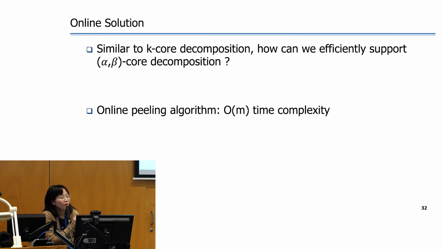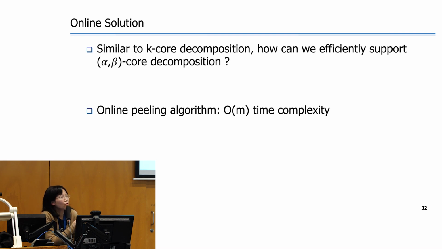We can require that the upper layer should have a degree of at least alpha, and the lower layer should have a degree of at least beta. This model is called the alpha-beta core model.